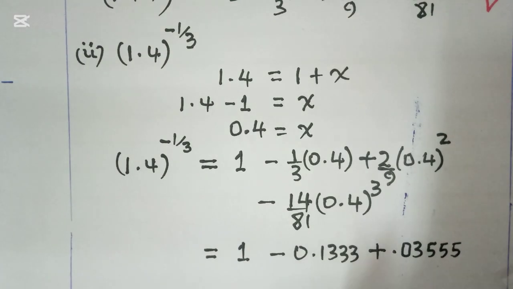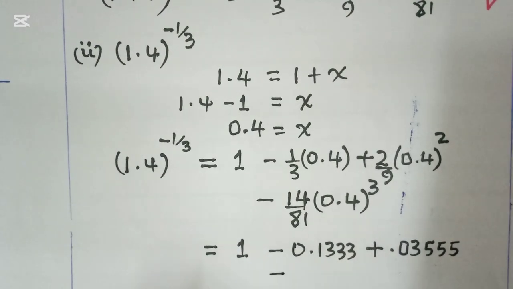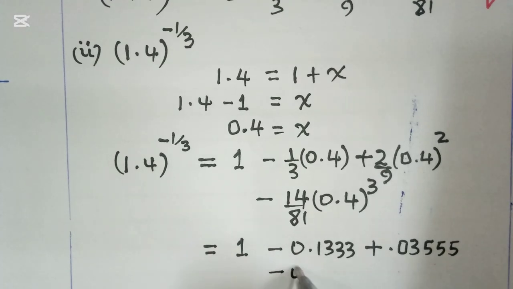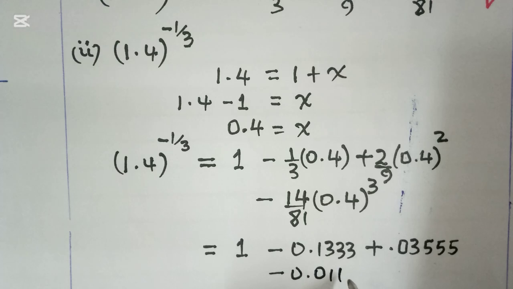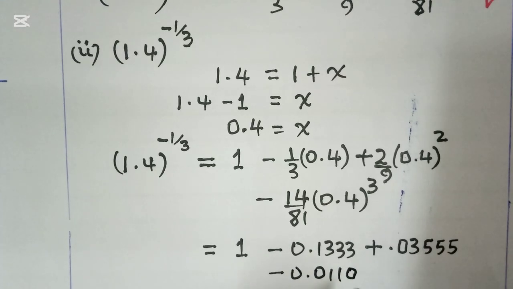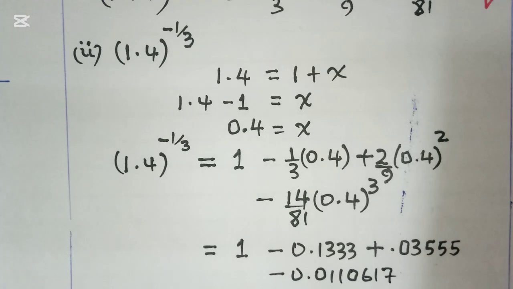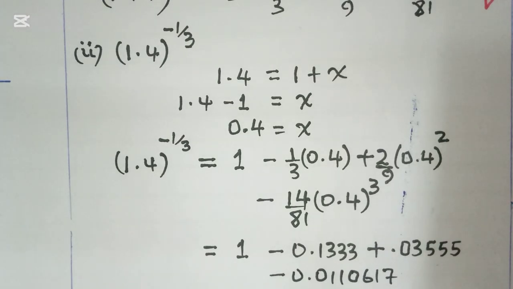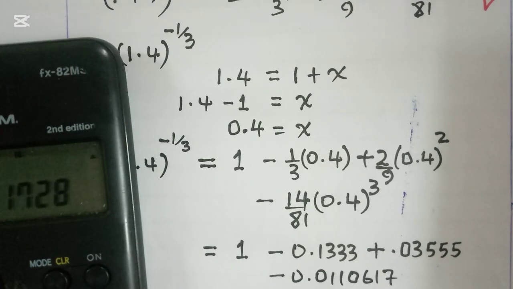So here we shall have minus 0.0110617, like that. Now we add them up together, and then we shall get our answer.